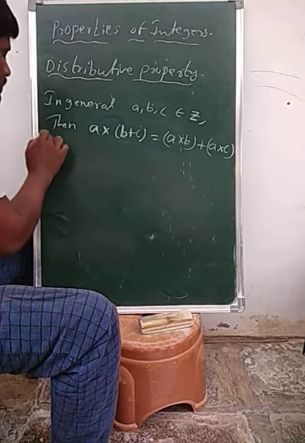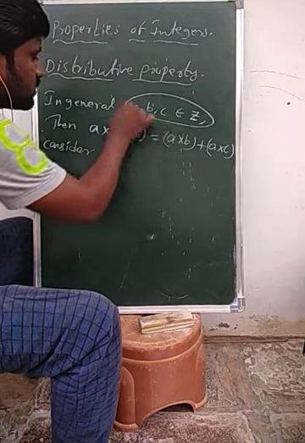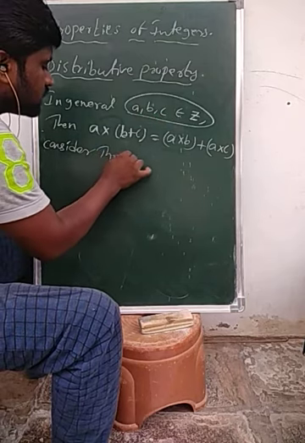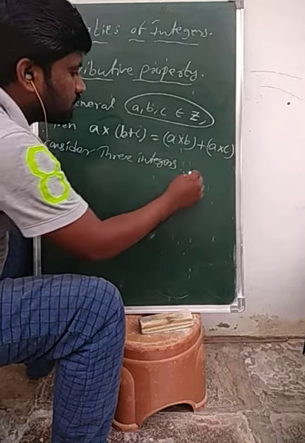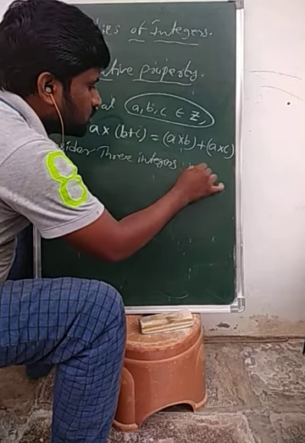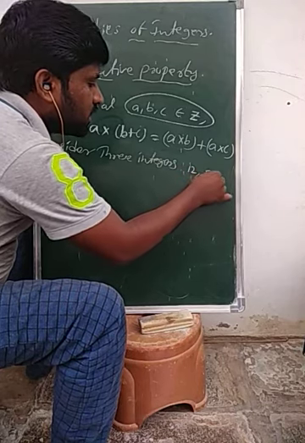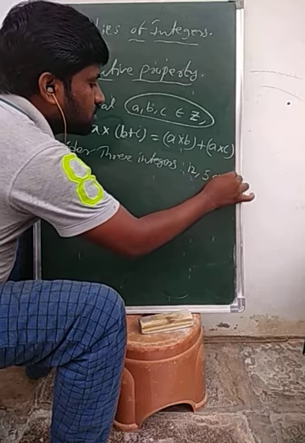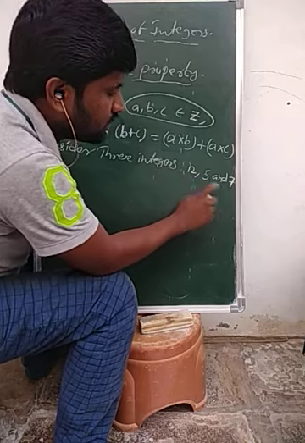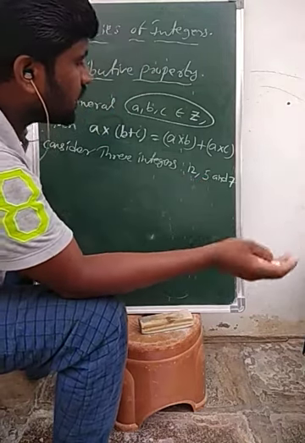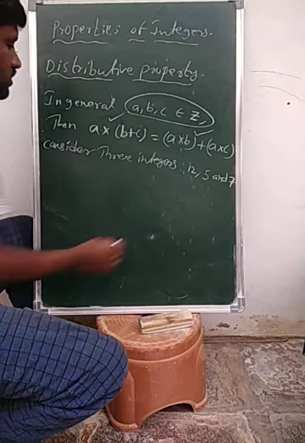Consider three integers, I am taking 12, 5 and 7. I have taken three positive integers, and I am going to substitute in this place. We know this is the LHS part and this is the RHS part.